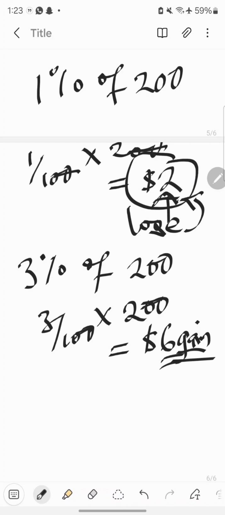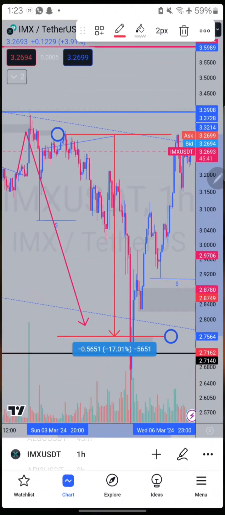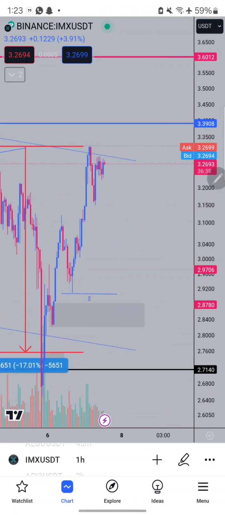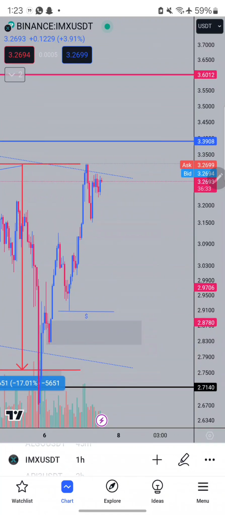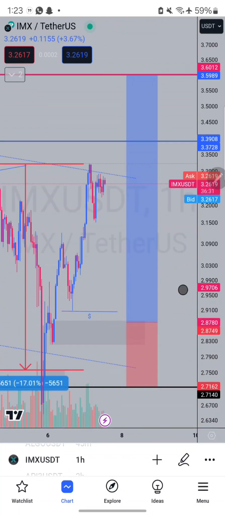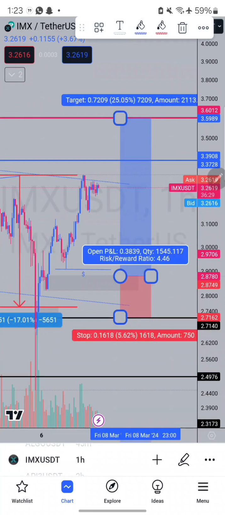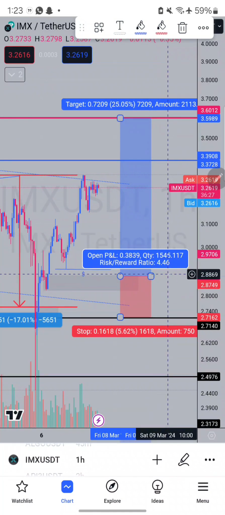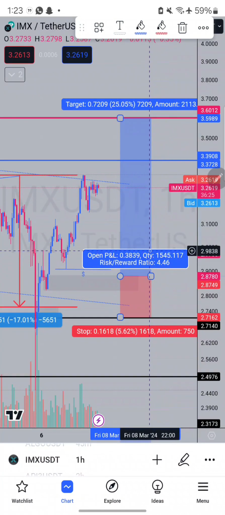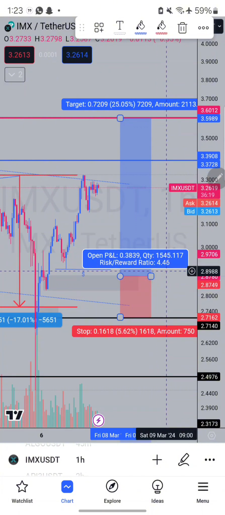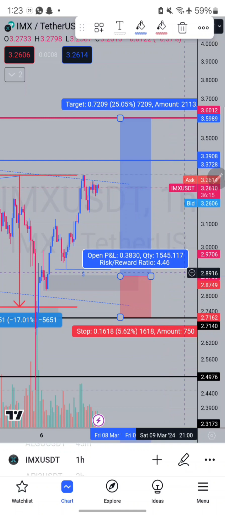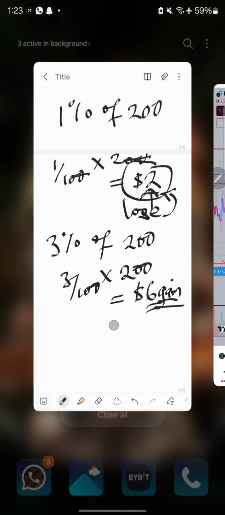So now let me show you something. One of the trades that I just put. If you check this trade, it is in the ratio of 1:4. This particular IMX that I gave us, that is yet to activate, is in the ratio of approximately 1:4. But let's do the calculation.